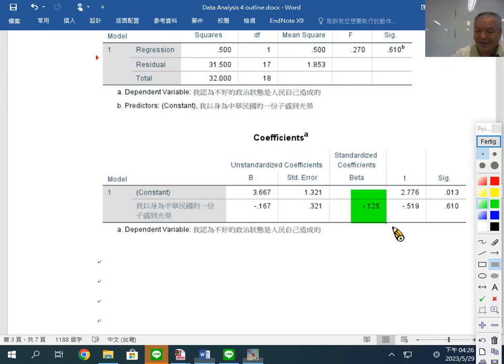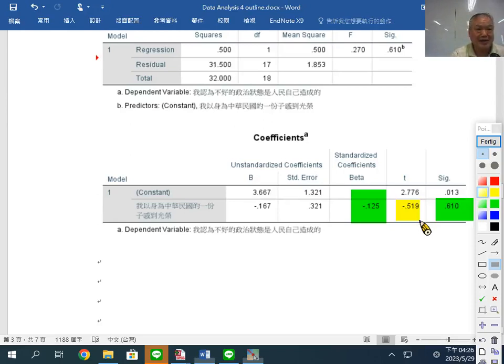And we found out the significance level is 0.610, which is more than 5%, right? But how do we come up with this p-value? Basically, it is based on the t-value.